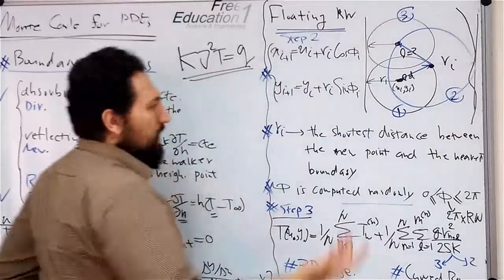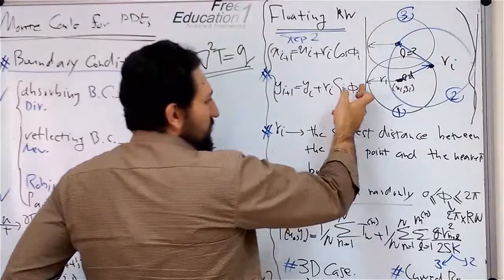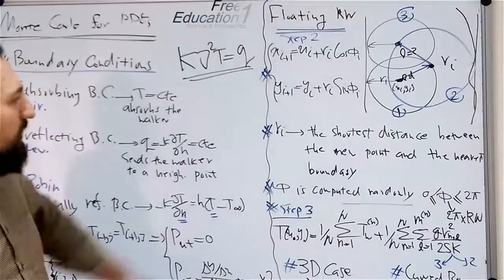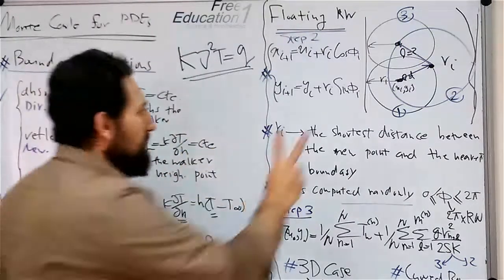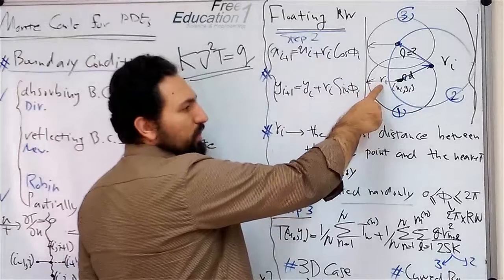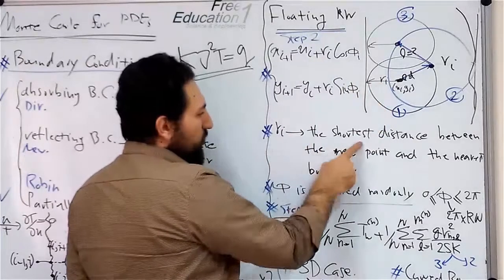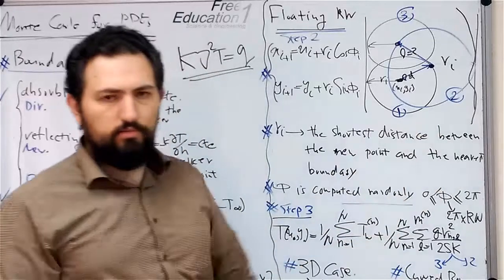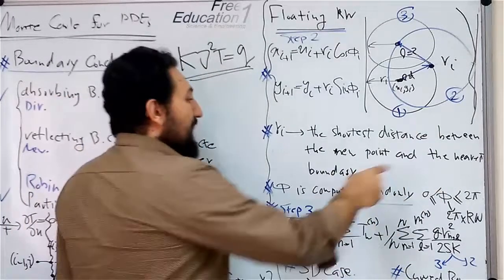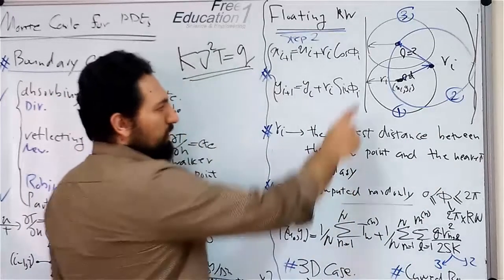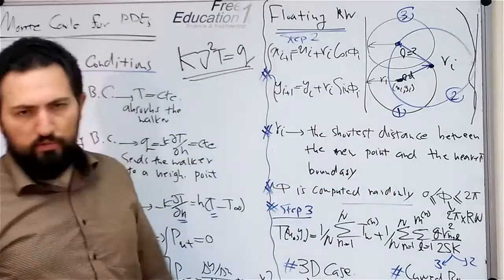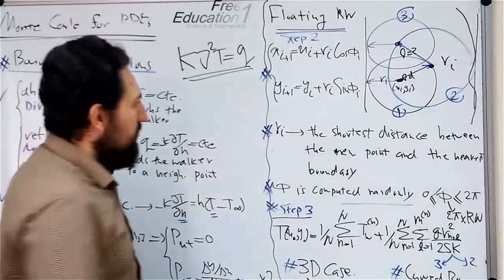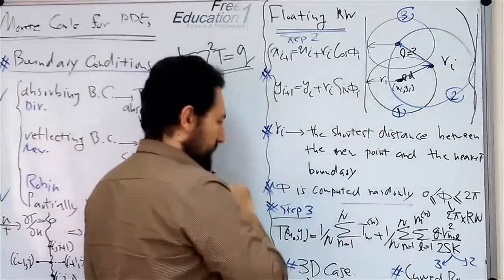For instance, the nearest boundary is the left wall. So this is the variable R sub i, which is the shortest distance between the random walk point and the nearest boundary. This should be computed using a computer algorithm to find the distance between the point and the nearest boundary. And this is called R sub i.